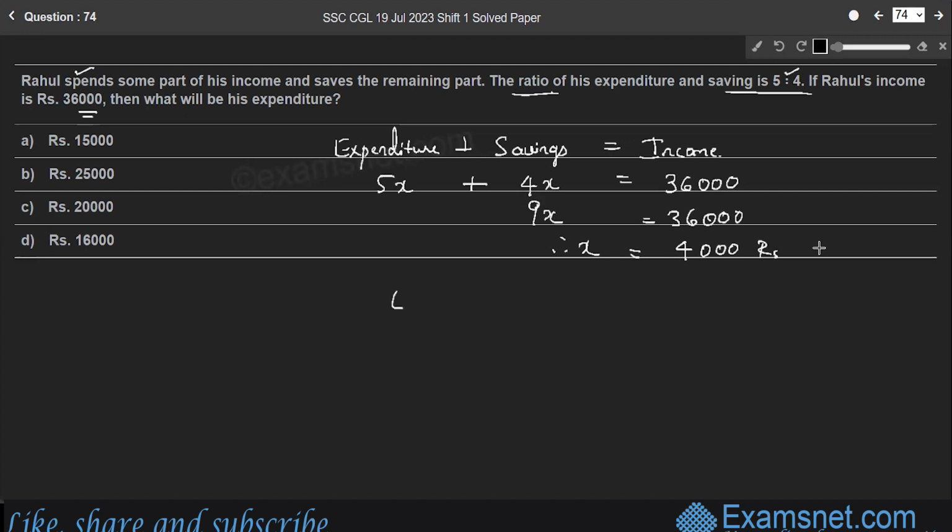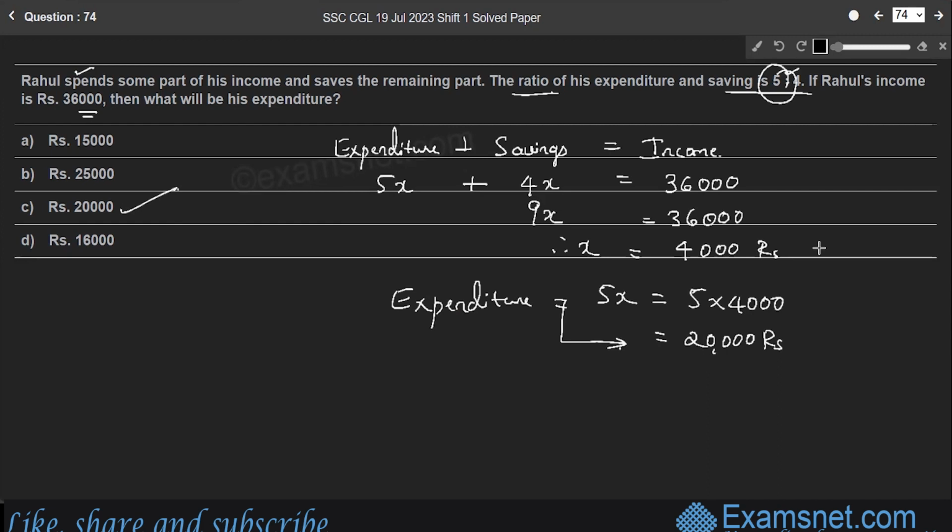Therefore, his expenditure is equal to 5x, according to the ratio. So it is 5 into 4,000, which is 20,000 rupees, his expenditure. So option C is the right answer.